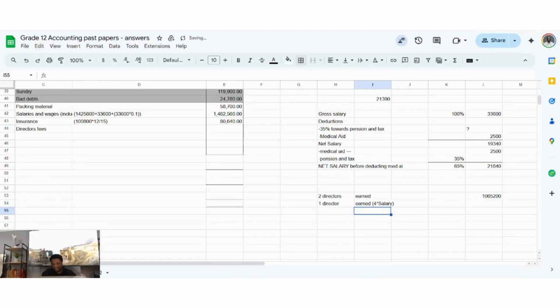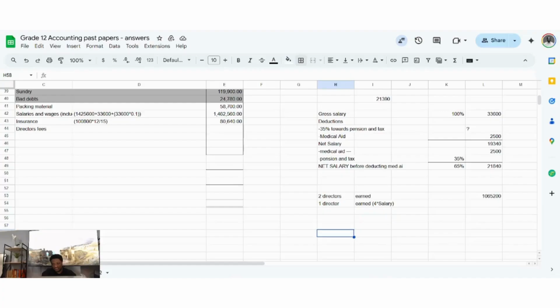So the first thing that we need to think about is that we can take that amount of the directors and divide by 2 and then divide by 12, and it would give us how much these directors earn. But then we need to think about the fact that these directors got an increase during the year. So the first thing that we want to do is to take out the effect of that increase.